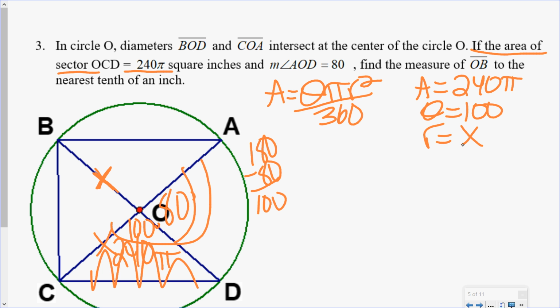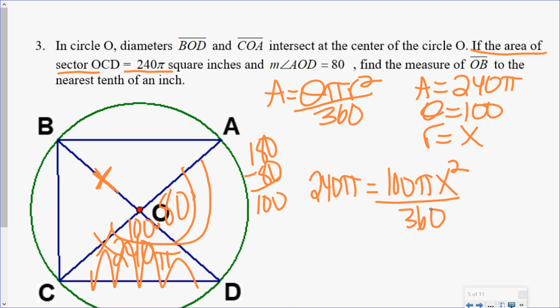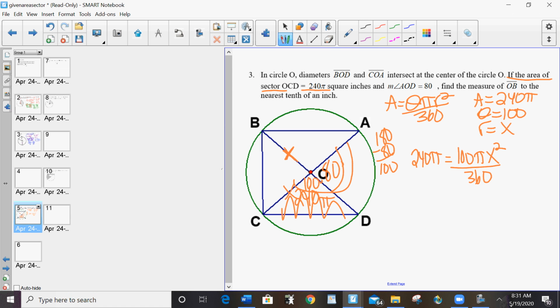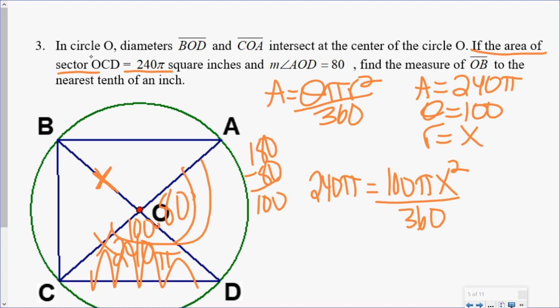Okay, I'm going to start quietly in case you're still working. Replace the A with 240 pi. Replace the theta with 100. Replace the r with x. Pi's cancel.